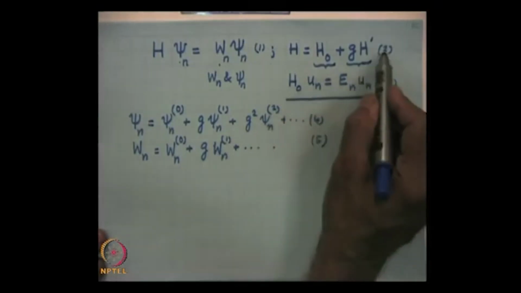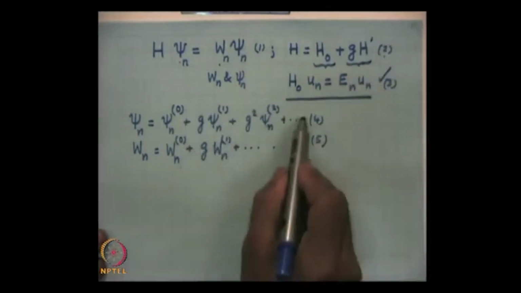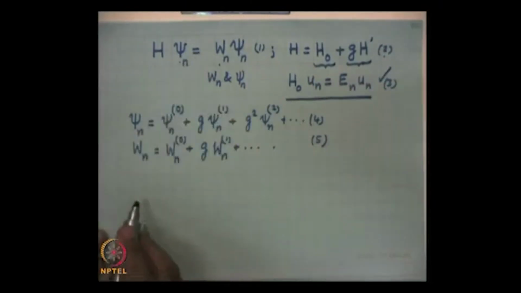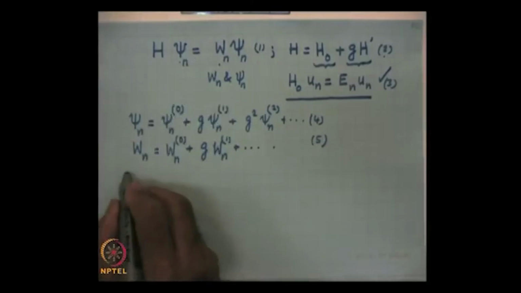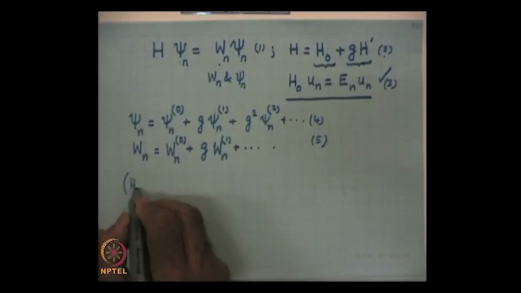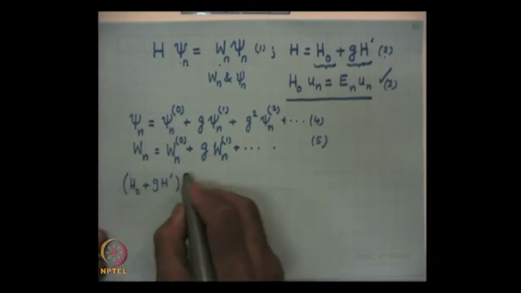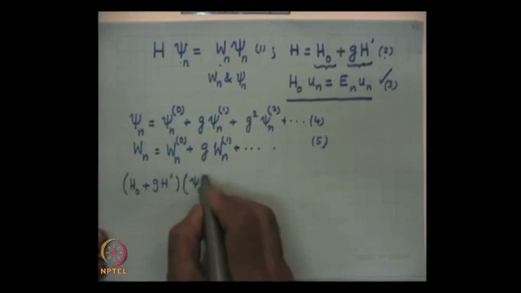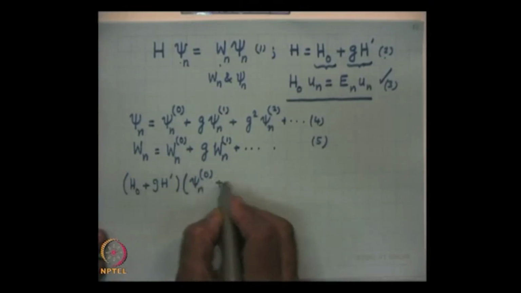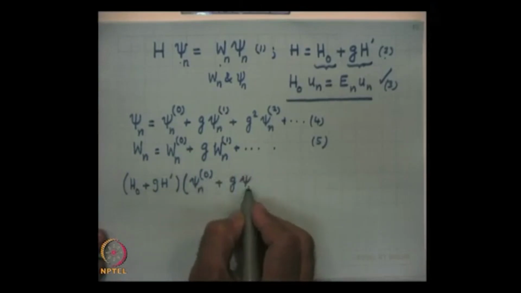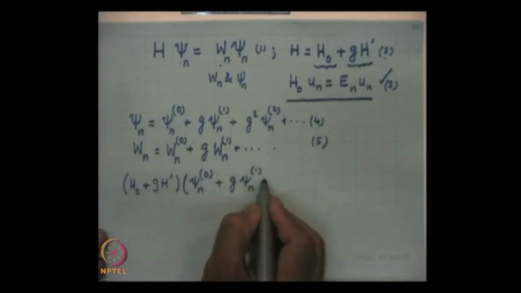And I substitute this. So, let this be equation 1, this be equation 2, this be equation 3, this be equation 4 and this be equation 5. So, we substitute 2, 4 and 5 in equation 1. So, we get, please see this, H naught plus g H prime multiplied by psi n 0 plus g psi n 1 plus g square.